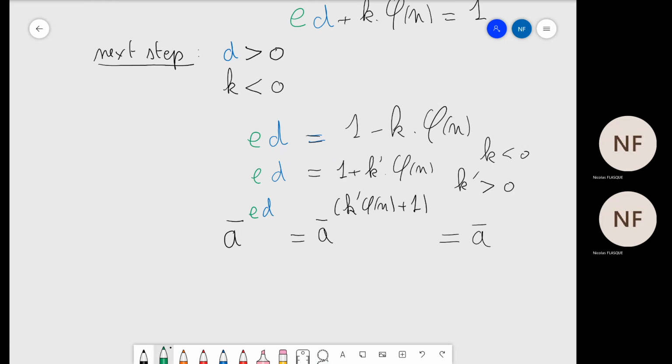The only condition, remember it here, is that this is true if e and phi of n are coprime. So we'll see in the next video what we can do from this statement, which is a very strong statement for RSA.